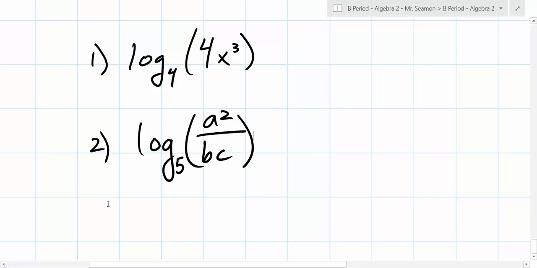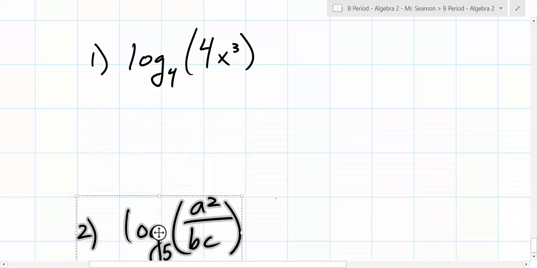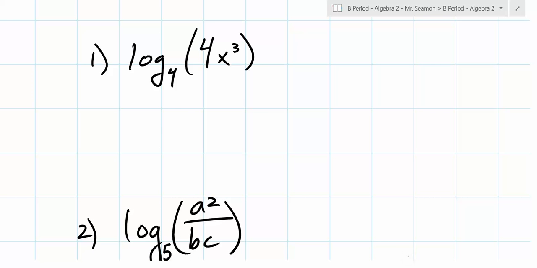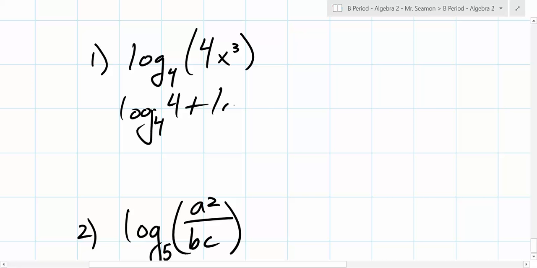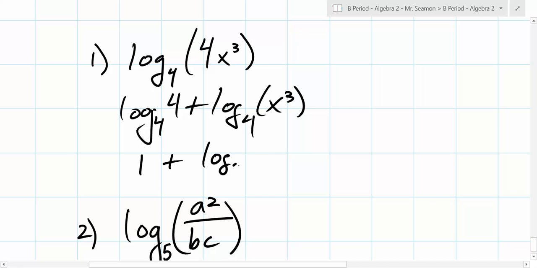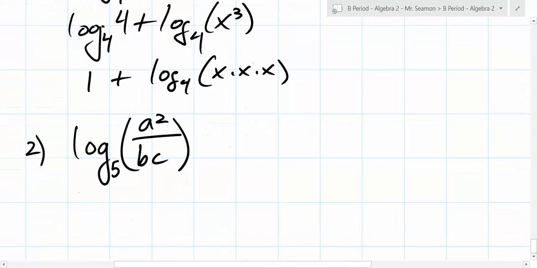So if I do this out, let me do it on here so you can have the recording here. If I take this right here, do this one out, you end up with log, as you did, base 4 of 4, plus log base 4 of x cubed. You already said that that's 1, so that's log base 4 of what? X times x times x. Right?